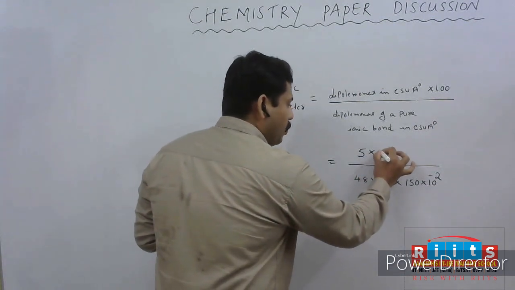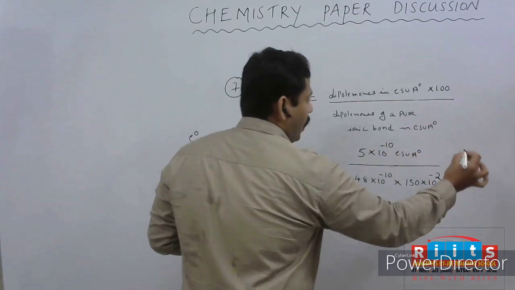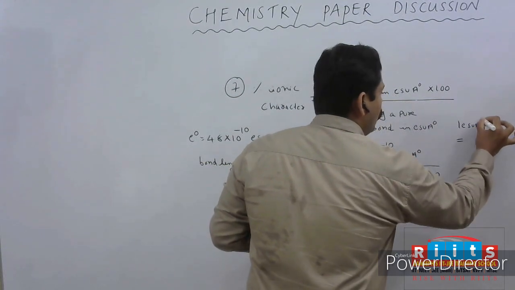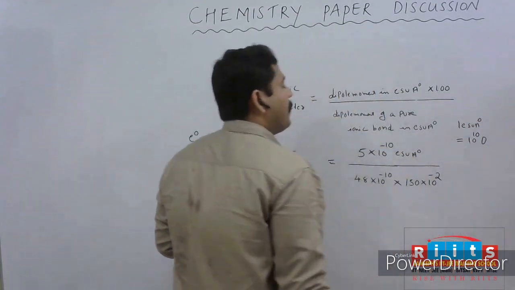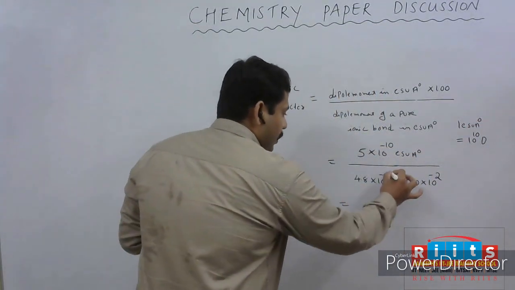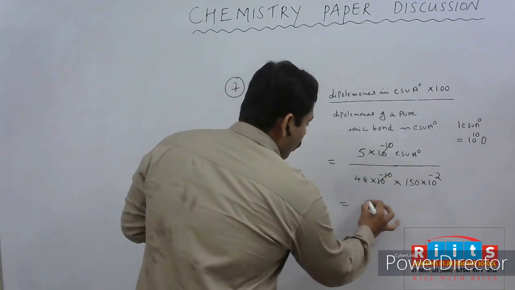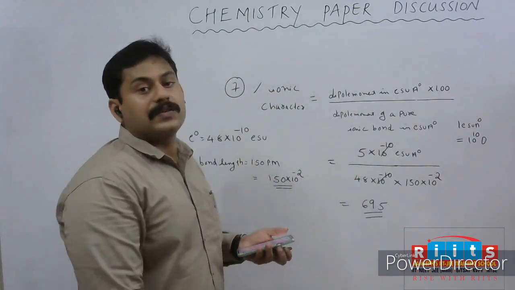So 5 into 10 raised to minus 10 ESU angstrom, because 1 ESU angstrom is equal to 10 raised to 10 D only. So I am converting D into ESU angstrom. So I can cancel these two and I can find out the answer. So the correct answer will be 69.5. So this is the correct answer. Thank you.